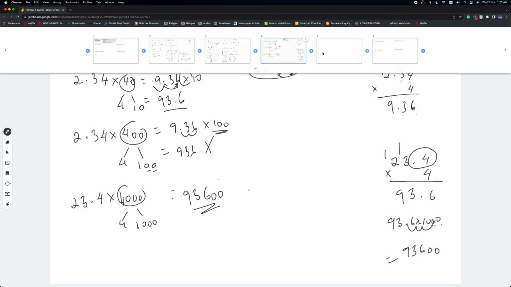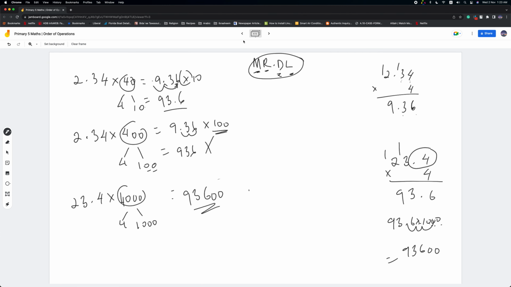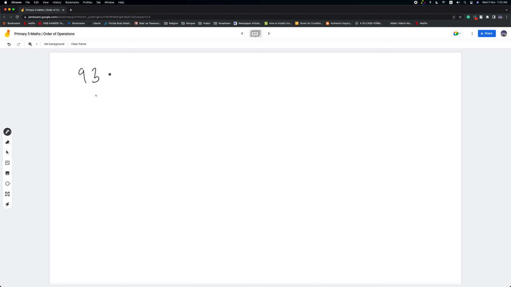And the division will be the same way. Let's say I have 93.6 divided by 40. Again, it doesn't matter which one you do first. Divide by 10, divide by 4 is the same, but what you need to know is where to put the decimal.